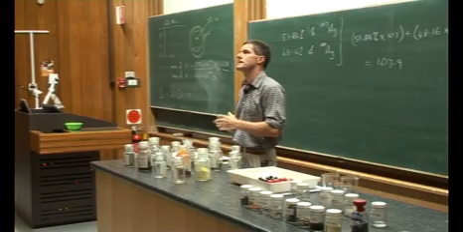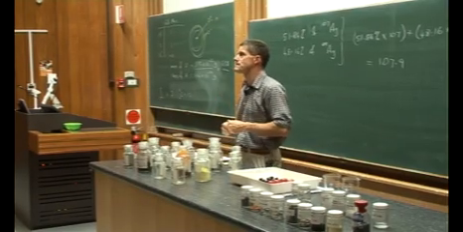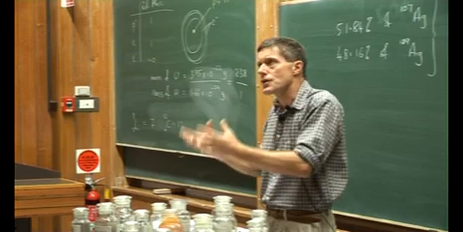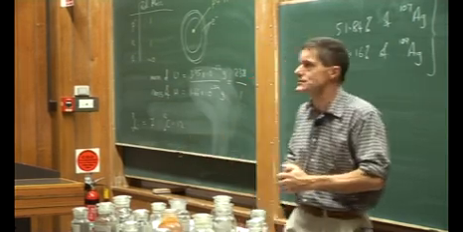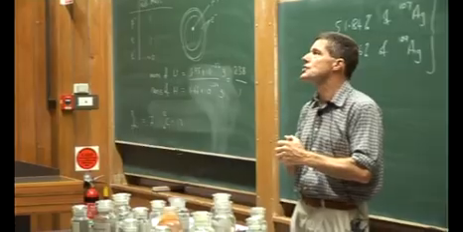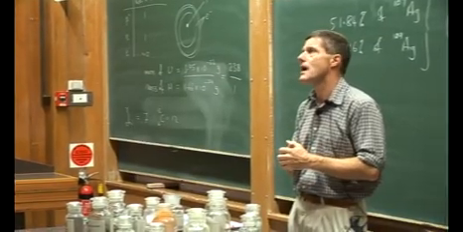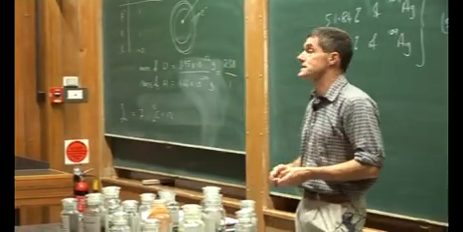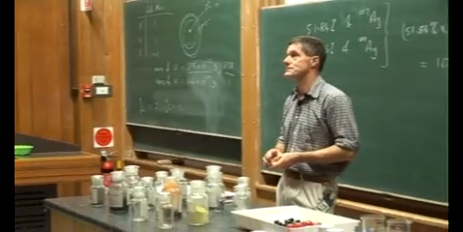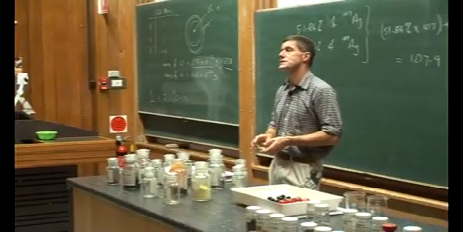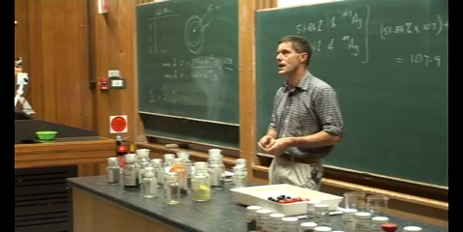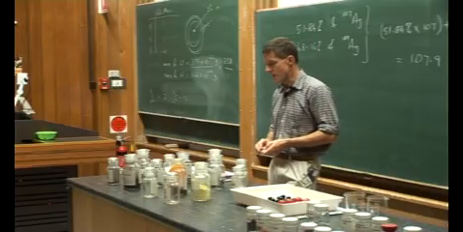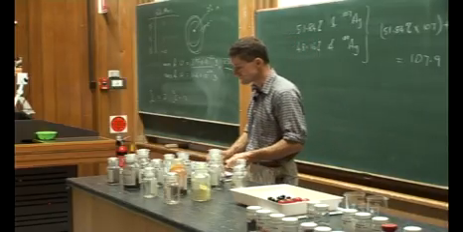If I want to combine hydrogen with oxygen, I can't do it on an atom by atom scale. I have to do it on a scale that I can measure the material out. Let's say I have 2 grams of hydrogen atoms. I would need to combine those with, for example, 16 grams of oxygen atoms, because oxygen is 16 times heavier than hydrogen, and I need 2 lots of hydrogen for every 1 lot of oxygen.